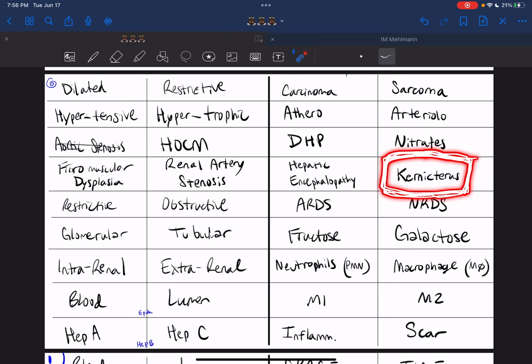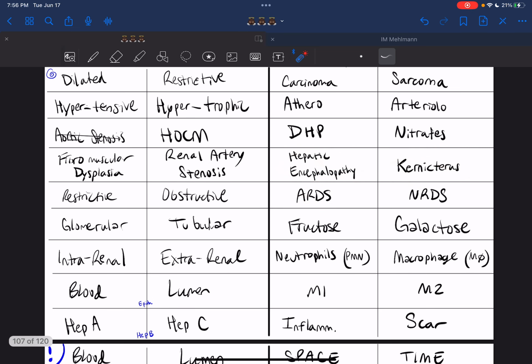It goes to their basal ganglia, and they have problems with movement. So adult versus peds. ARDS, acute respiratory distress syndrome, versus neonatal respiratory distress syndrome. Adult versus peds, adults versus babies.